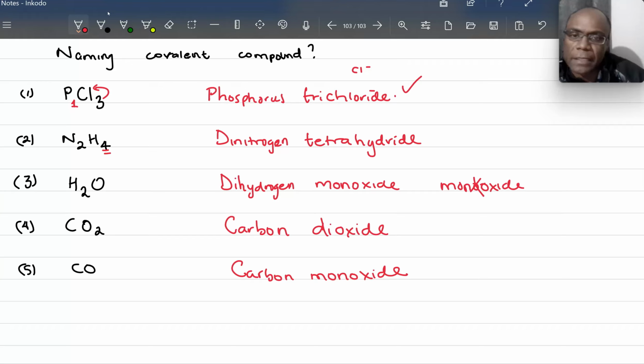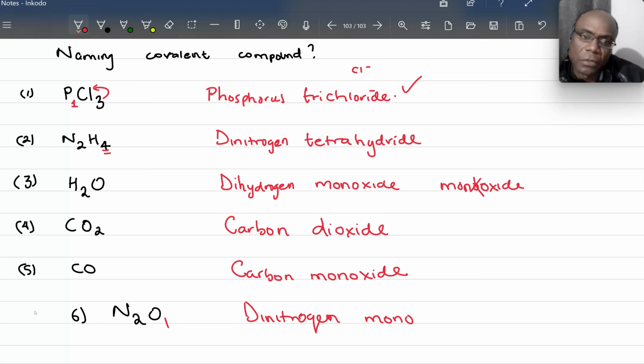Mono is used for the second element. And then we keep going. Let's say you have number 6, a molecule that has the formula N2O. This one would be dinitrogen, 1 oxygen, so monoxide.